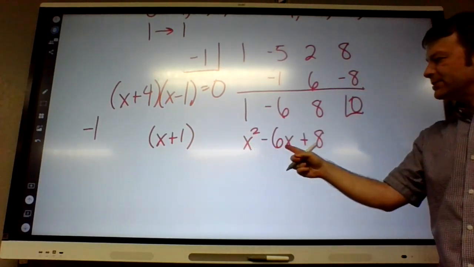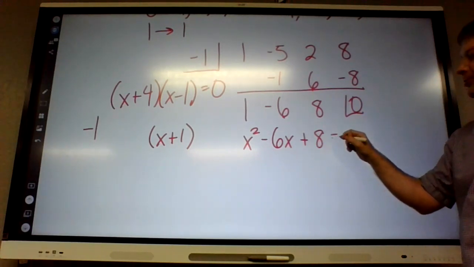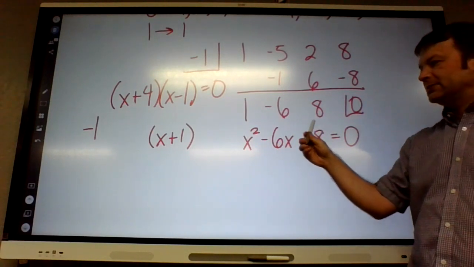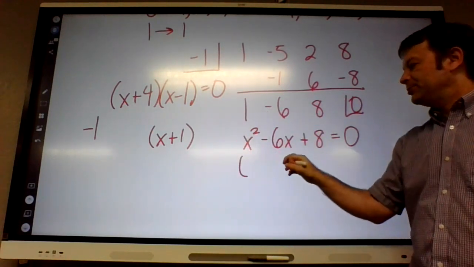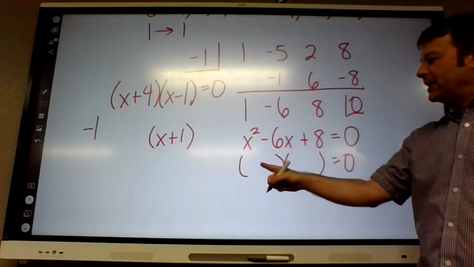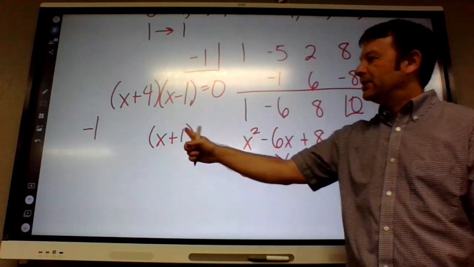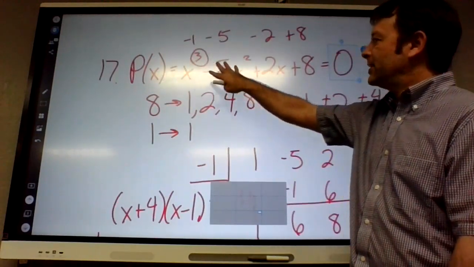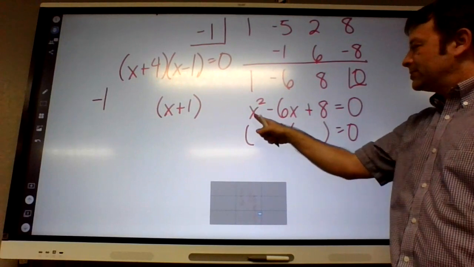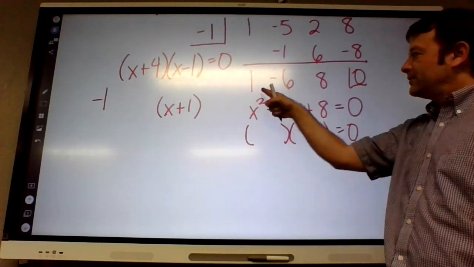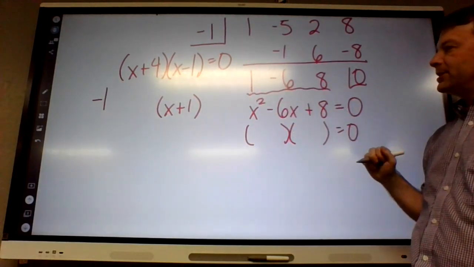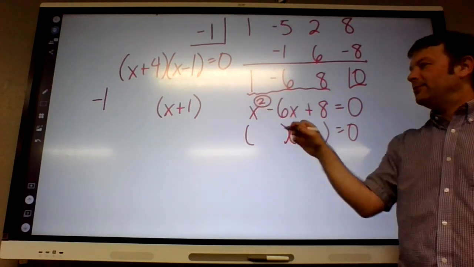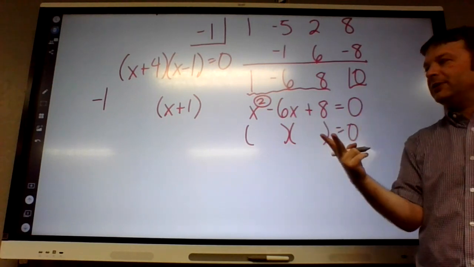So my remaining 2 answers are kind of hidden inside here. There are 2 more factors that have the 2 remaining answers. I know negative 1 is an answer, so it's like I divided that answer out already. I took the answer out from this. And the leftover stuff down here contains my last 2 answers. The good news is now that it's only an x squared problem, I can use factoring or the quadratic formula.